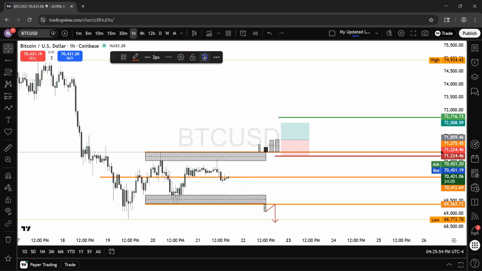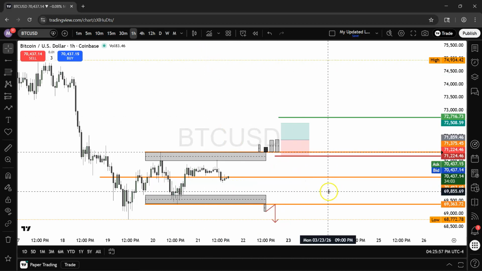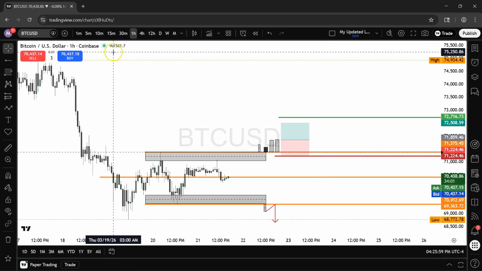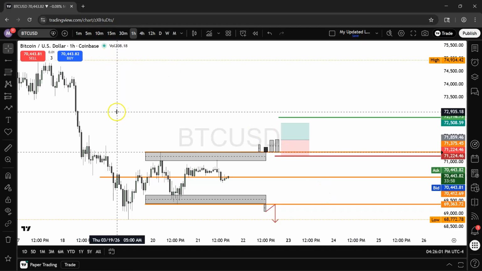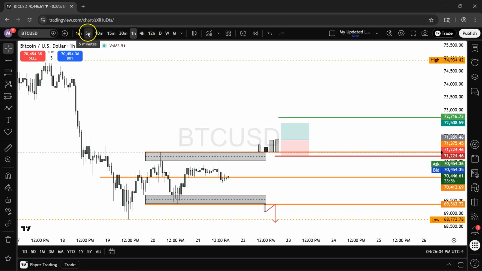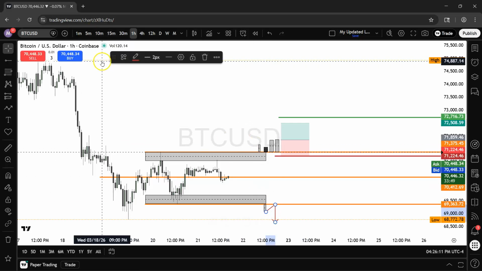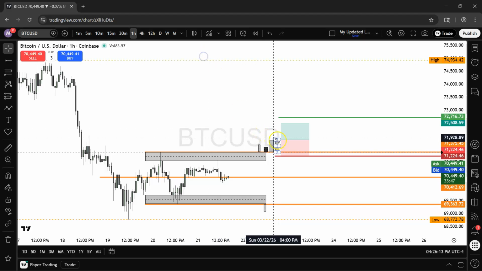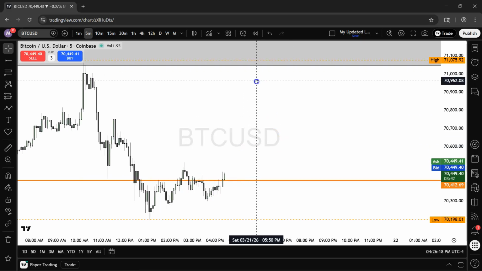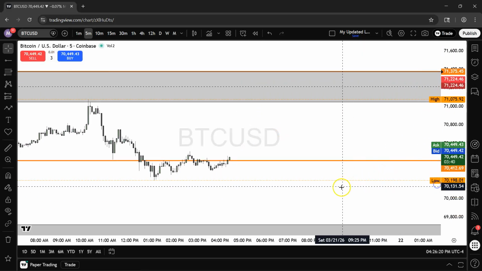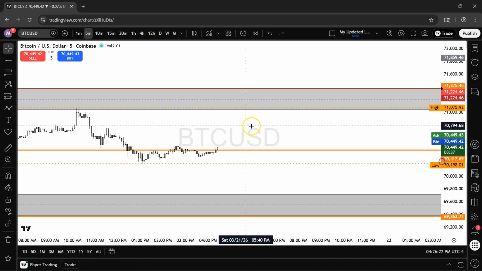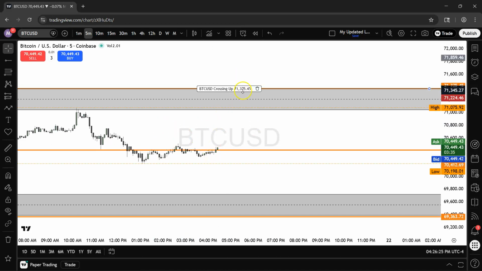Now the execution is down in the lower time frames, usually the 5 minute. So you'll drop down to either the 15 or the 5. Let's drop down to the 5. The 5 minute is when the market gets to that area based on your alert.